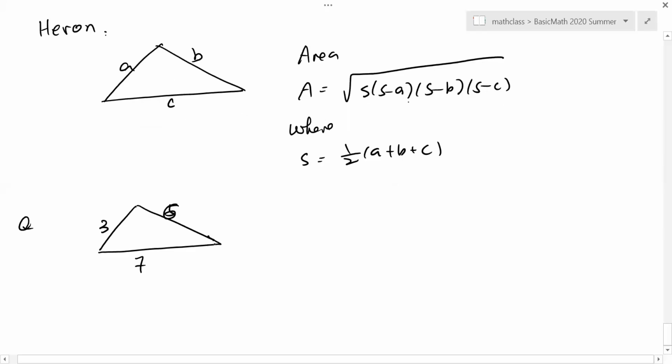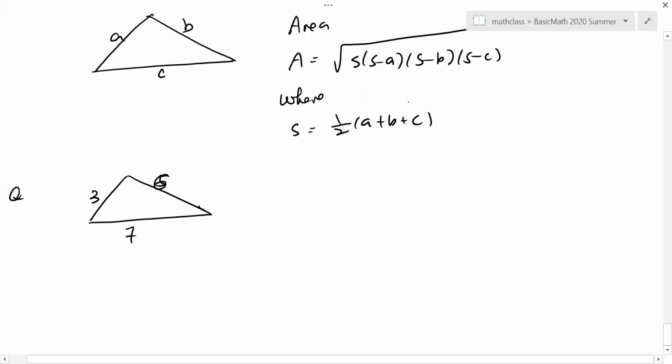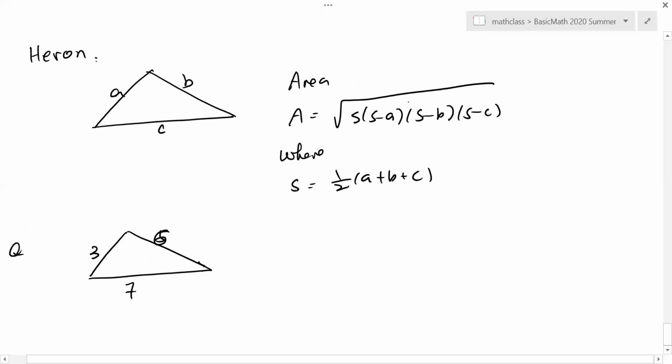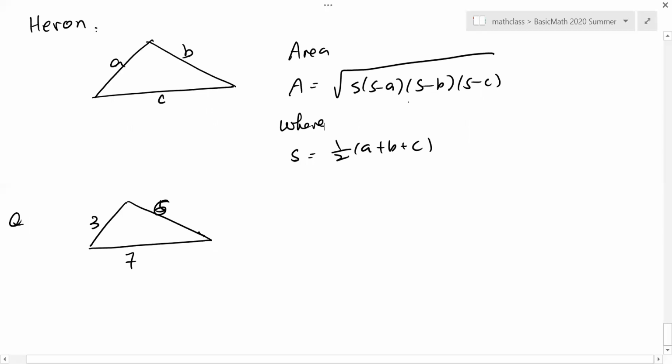So 6 plus 7 is greater than 3, 3 plus 7 is greater than 6, and 3 plus 6 is greater than 7, so you can find the area, but this does not satisfy the Pythagorean theorem. This s just represents half of the perimeter, so I just say where s is given by this formula.